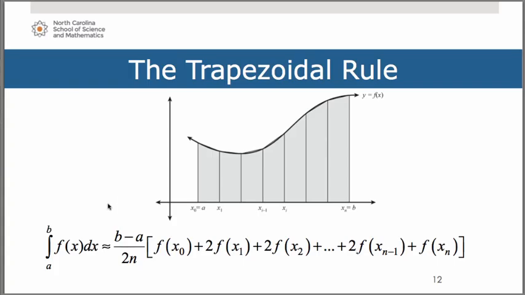Now you could easily think of this as 1/2 delta x if you prefer, times f of x sub 0, and x sub 0 is your a value, plus 2 times f of x sub 1, plus 2 times f of x sub 2, plus so on and so forth, all the way up to the very end, where we have f of x sub n, where x sub n is your b value.